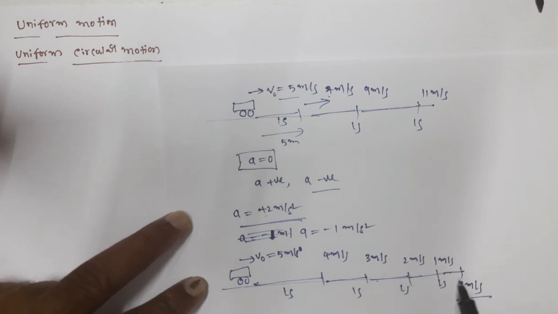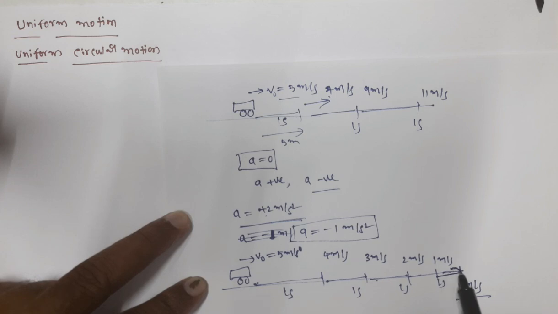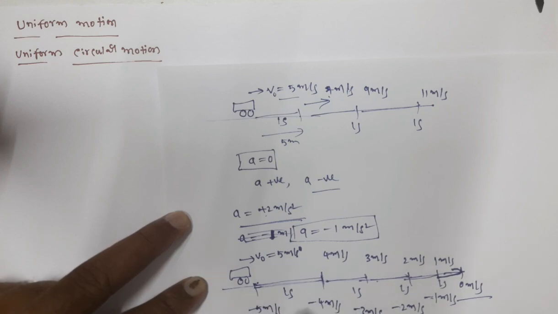Instantaneously the body comes to rest, and if the vehicle has constant acceleration of minus 1 meter per second squared, again the body starts moving in the negative direction. After 1 more second, the velocity will be minus 1 meter per second, then minus 2, minus 3, minus 4, and minus 5 meters per second, and so on.